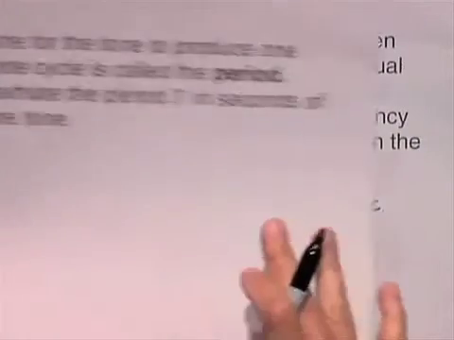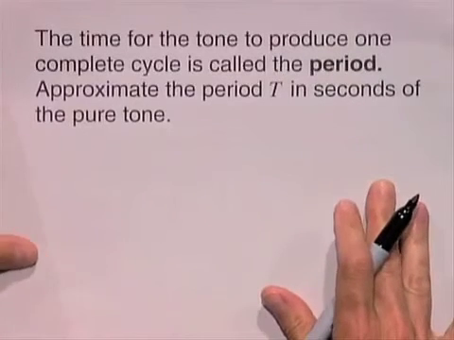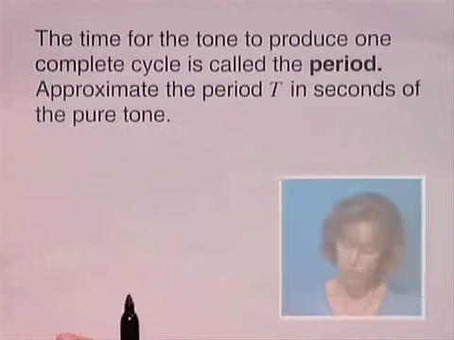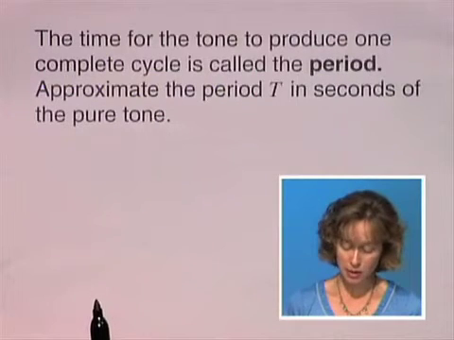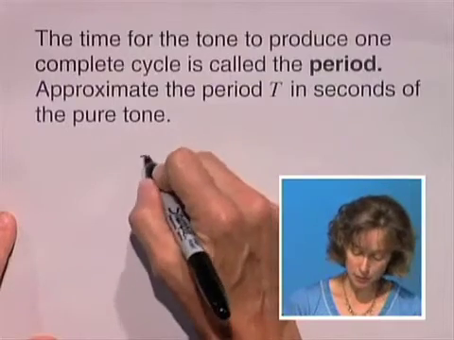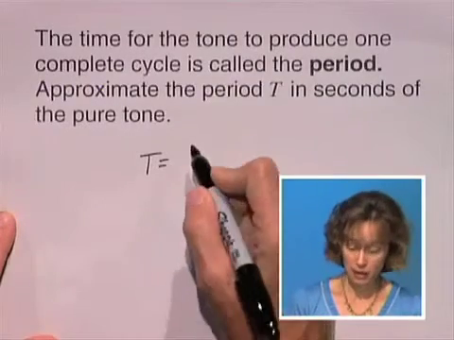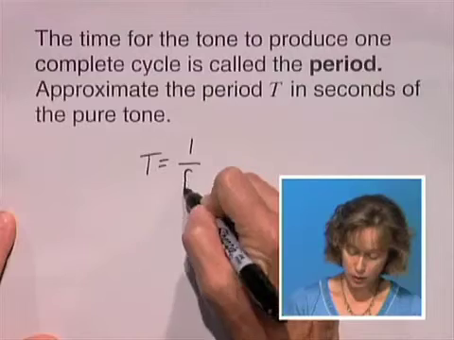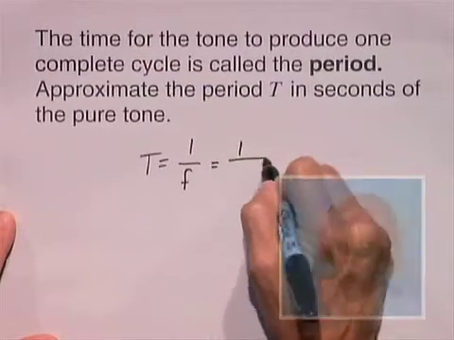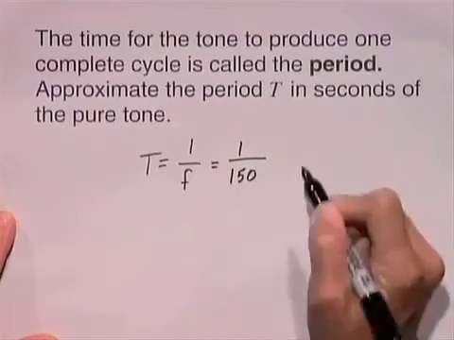Let's continue. The time for the tone to produce 1 complete cycle is called the period. Approximate the period t in seconds of the pure tone. Well, the period t can also be found by finding the reciprocal of the frequency. In the problem that we just worked, we found the frequency to be 150 hertz.